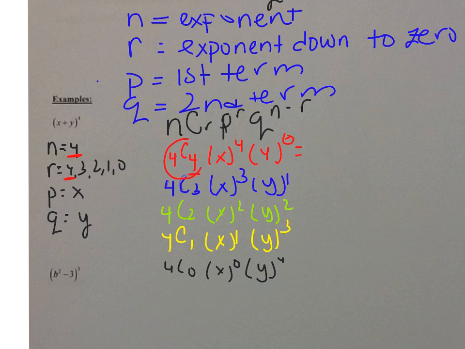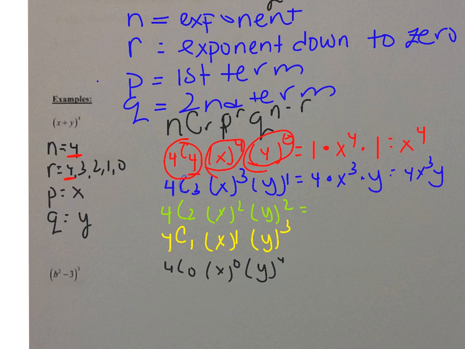So you're going to plug in your calculator 4C4. 4C4 comes out to be 1 times x to the 4th. Y to the 0 is 1, times 1, which is x to the 4th. All right, on to the next one. 4C3 is 4, so you plug that in your calculator, times x to the third times y to the first, which is 4x to the third y. 4C2 is 6 times x squared y squared.